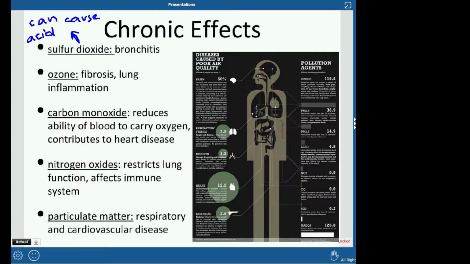And then ozone. So this is important, and students always get confused. Ozone down where we are is really dangerous. It's a pollutant, and we don't want ozone down here. Ozone way up high in the atmosphere, we do want that ozone layer. So if this is Earth, ozone up here is good, and ozone down here is bad.